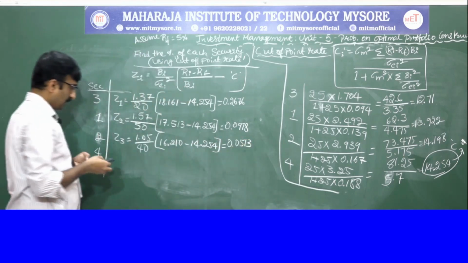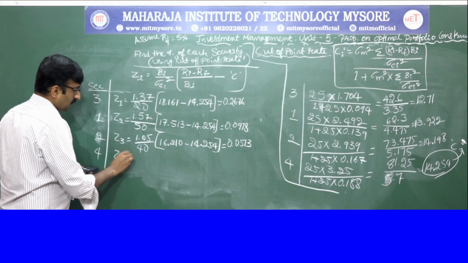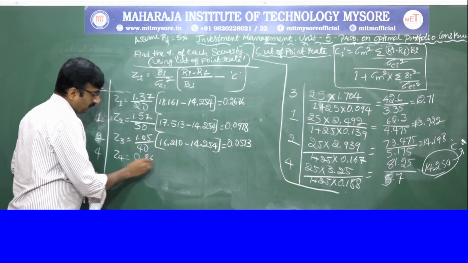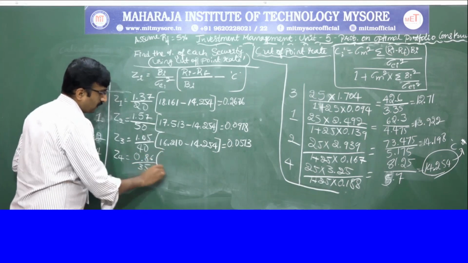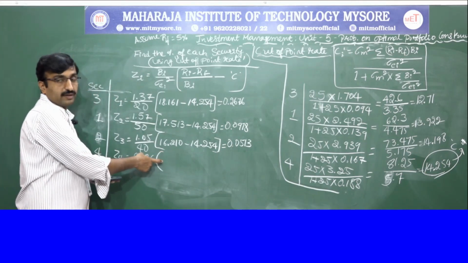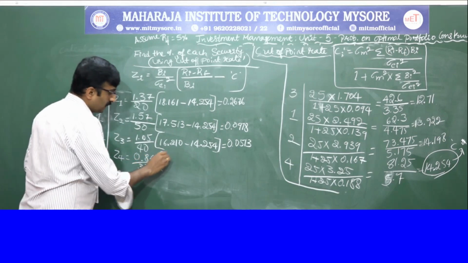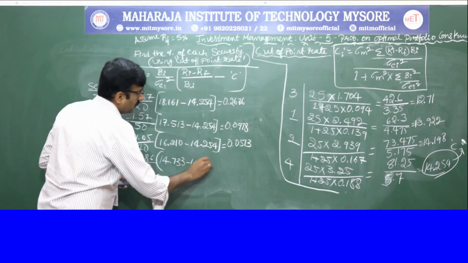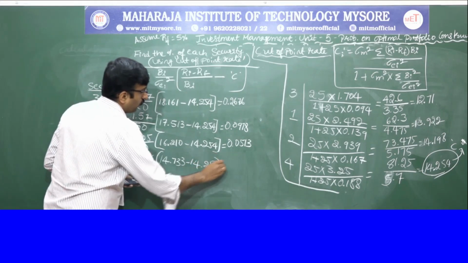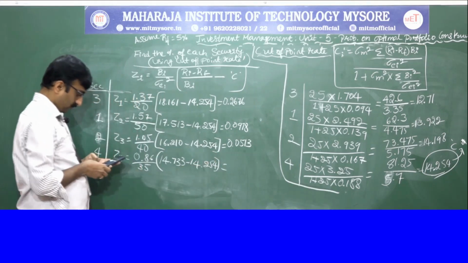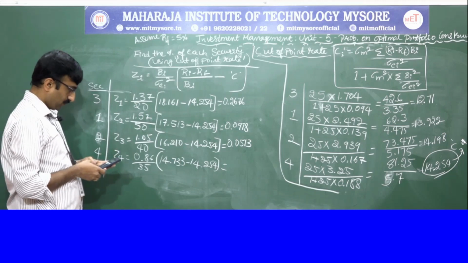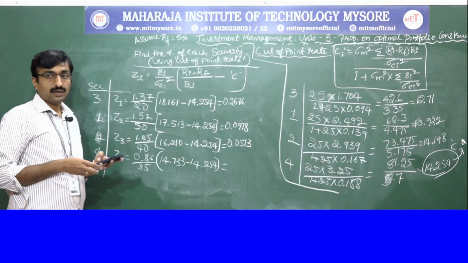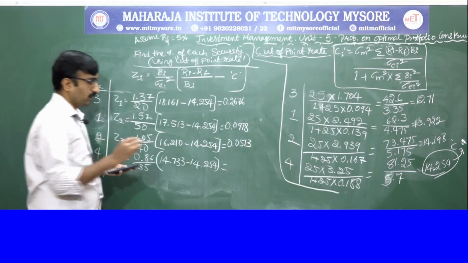The last one is equal to beta of this one. How much we have? 0.86 divided by 35, and particular Rm minus Rf divided by beta is 14.733 minus 14.254. So you will get 0.1321.